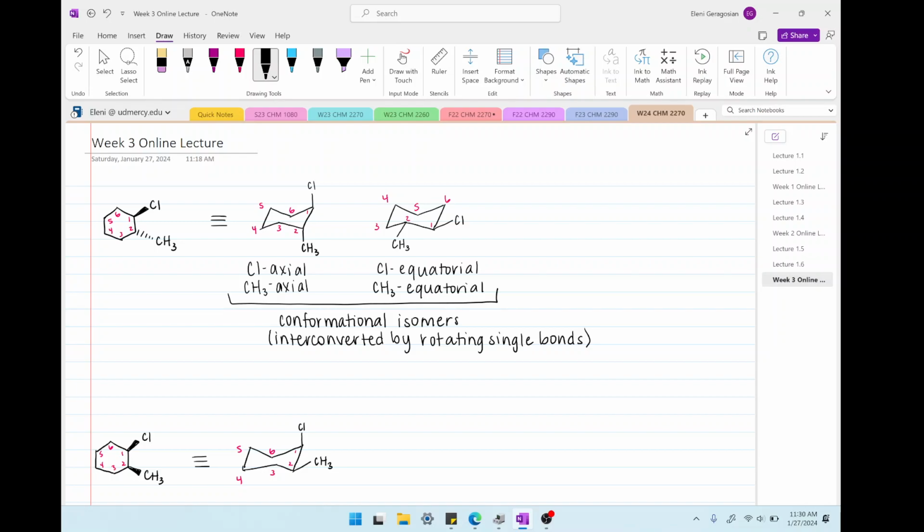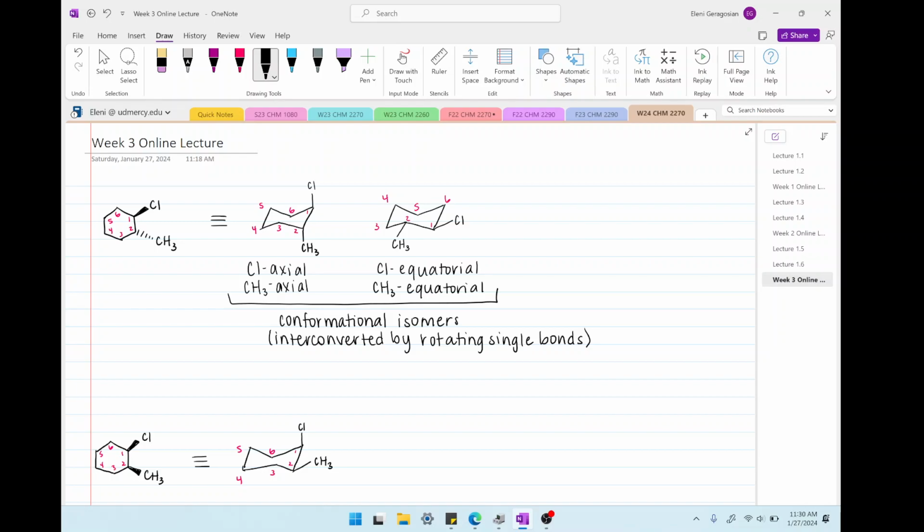So remember, we previously talked about constitutional isomers. Those are molecules that have the same molecular formula, same number of atoms, but their atoms are bonded in different locations. Conformational isomers, atoms are bonded in the same location, but they have a different arrangement in space, and those arrangements can be interconverted by rotating single bonds.